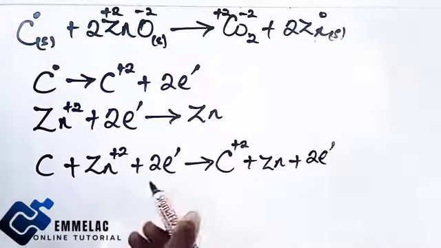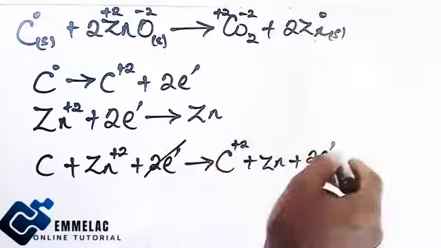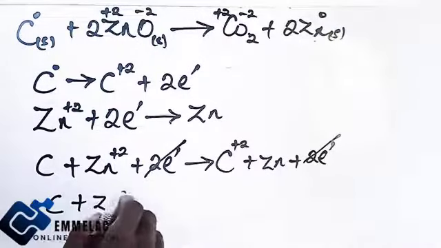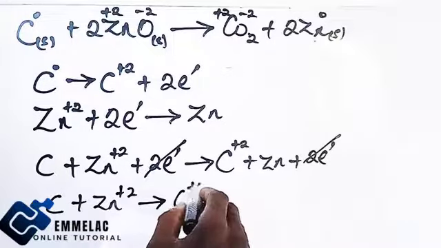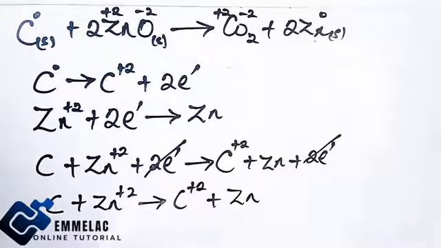So as such, you can now see from the left hand side and right hand side we have 2 electrons. This cancels this, so we are now left with plus 2 to give you plus 2 plus zinc. So this is the end of the video, and I believe with this you can go ahead and write a half reaction equation for every chemical reaction in chemistry.